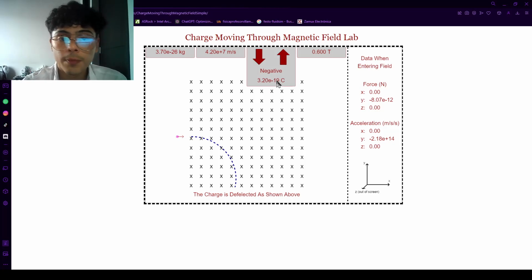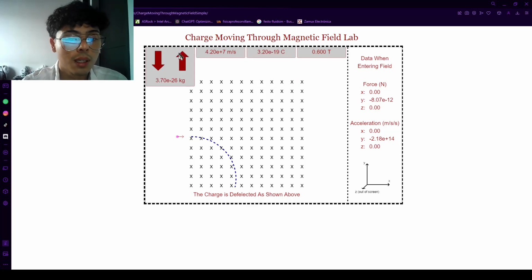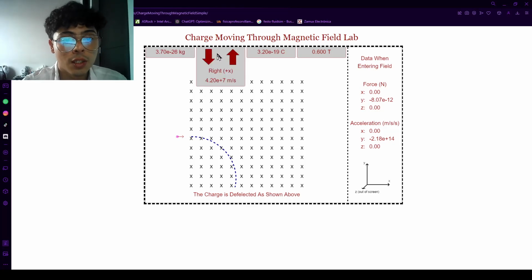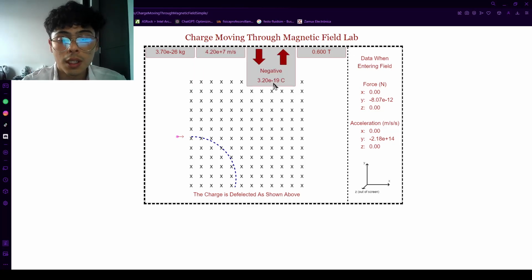By paying attention to the simulation, we can observe how the variation of these parameters, such as initial velocity and charge, affects the particle's trajectory within the magnetic field.